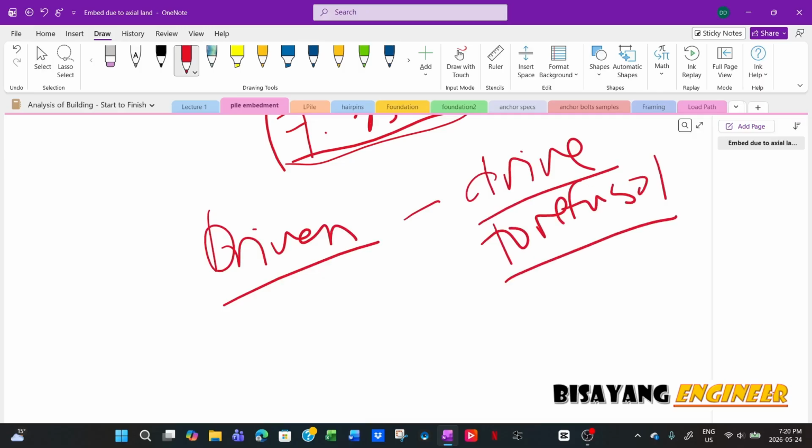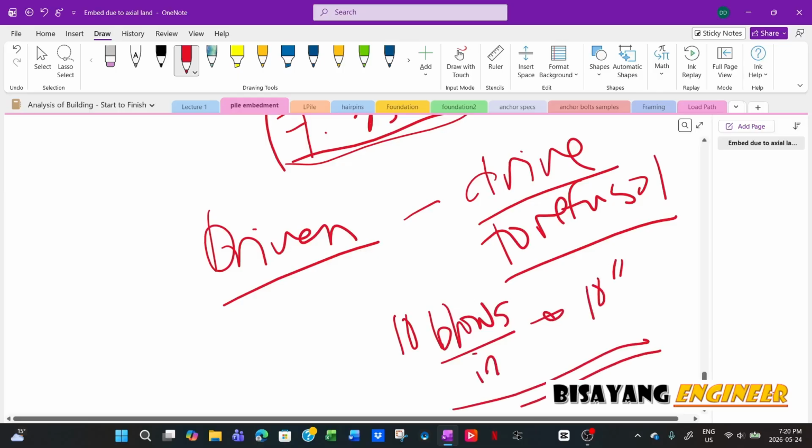The criterion for refusal, if I remember correctly, is 10 blows per inch for the last 10 inches of penetration.